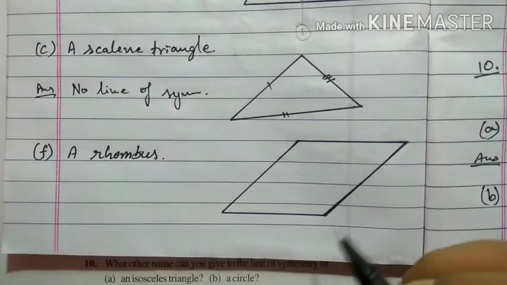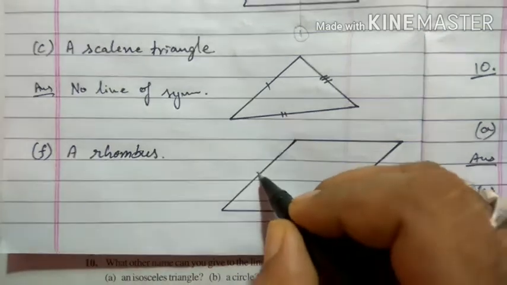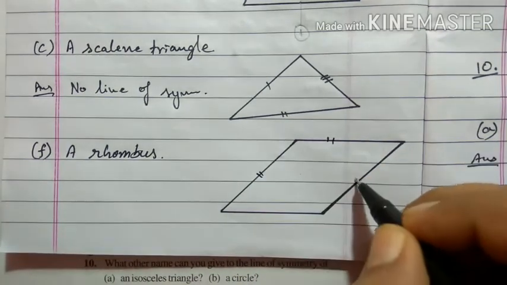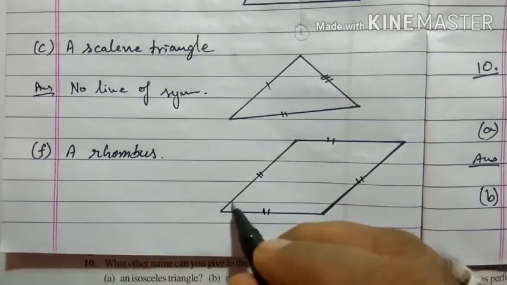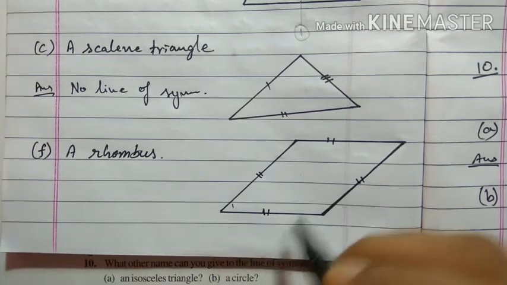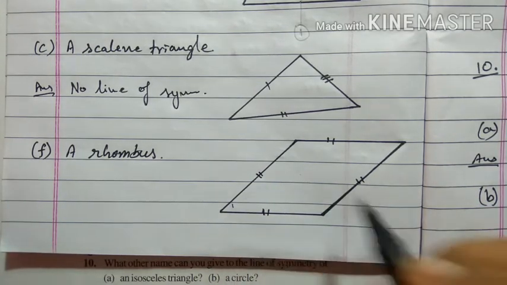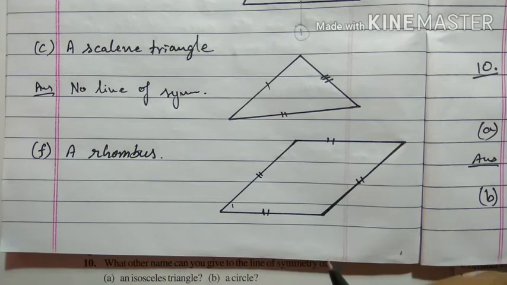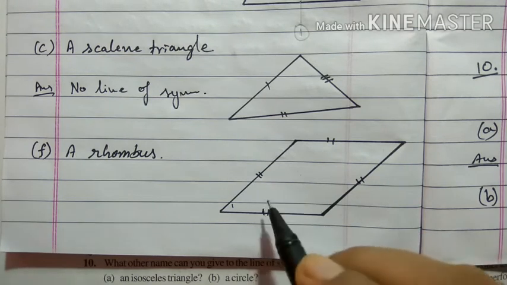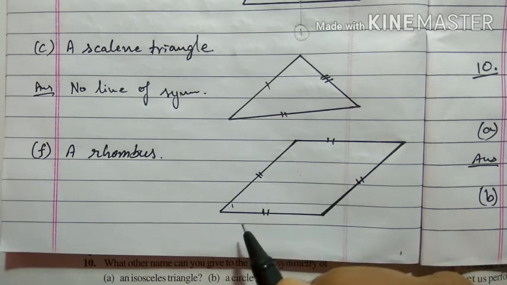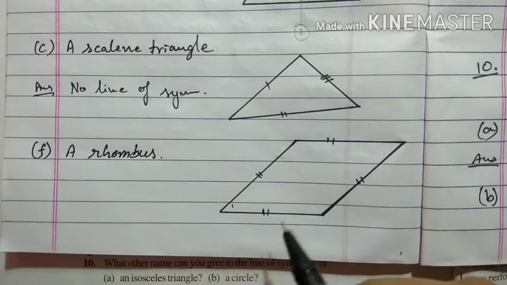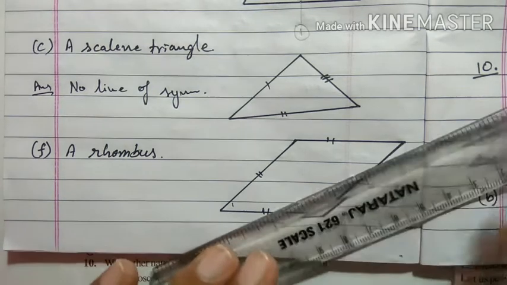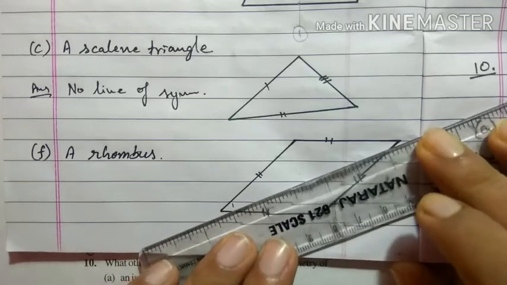Okay, now next one is rhombus. In this figure, rhombus, all the four sides are of equal length, but the angles are not equal. So that's why a rhombus has only two lines of symmetry, and those are the diagonals.